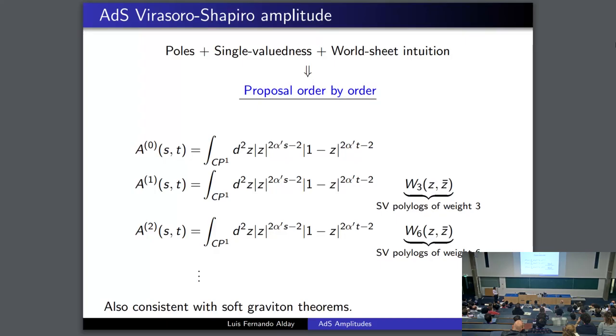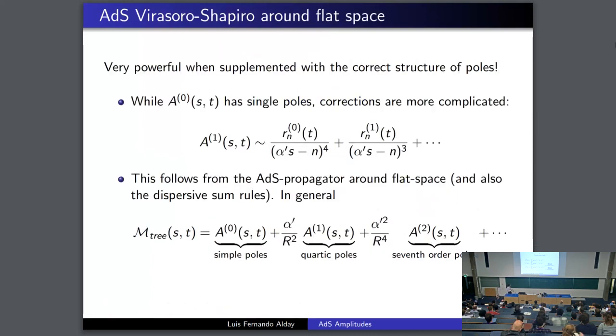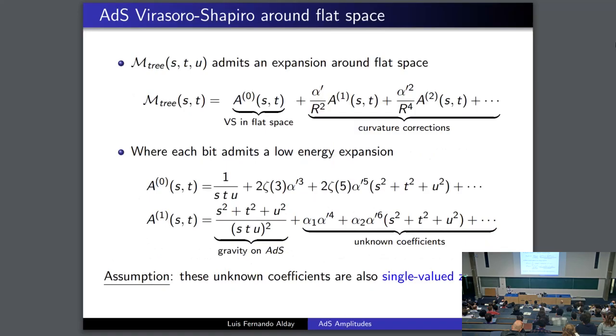but you insert single-valued polylogs of weight 6. Okay, there are other ways to see this, but this is a very nice way to see that this is what we get. But now we are on fire, okay? Because first, I told you that we had an infinite number of coefficients to guess, right?